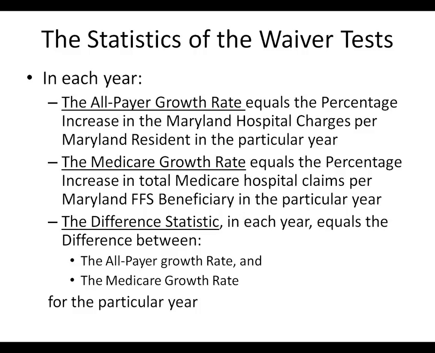The all-payer growth rate is the statistic that's used in the all-payer ceiling. It's the percentage increase in Maryland hospital charges per Maryland resident in the particular year. The Medicare growth rate is the percentage increase in total Medicare hospital claims per Maryland fee-for-service beneficiary in the particular year. And the statistic of importance is the difference between those two.